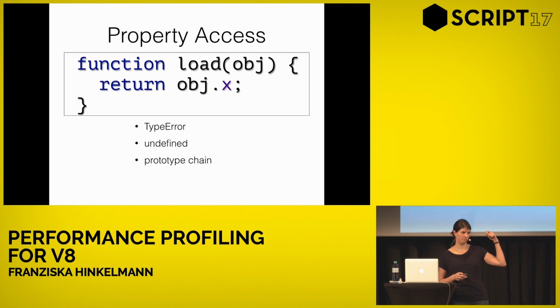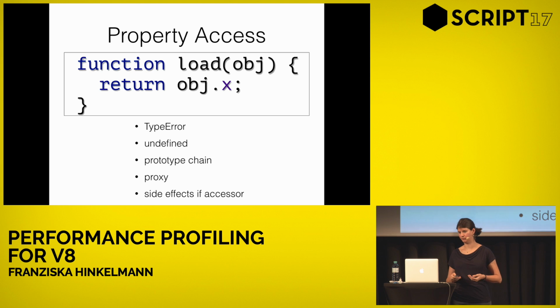So you have to make a recursive lookup up the prototype chain. Object might be a proxy, so anything might happen with the getter trap. And then the x might have been defined with an accessor descriptor, so you have this get function, and that can have any arbitrary side effects anywhere in your program, whatever you tell it to be.